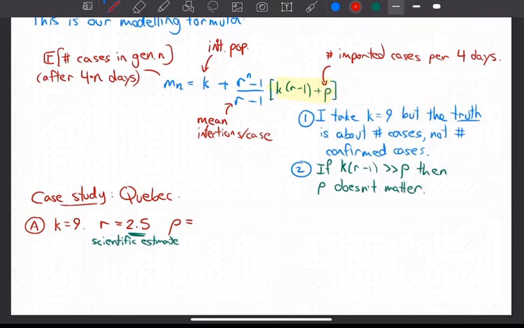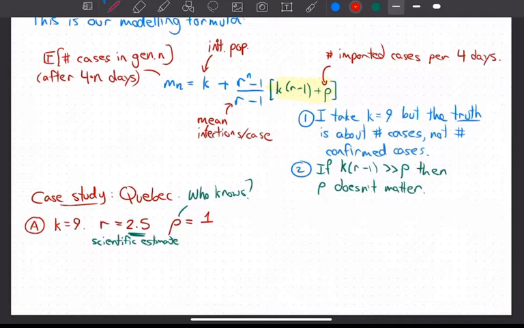Okay, and this one here, who knows? But let me start by just taking this as 1. That's maybe a lowball estimate, one person every 4 days coming in with the coronavirus. But I'll work with rho as 4 as well.